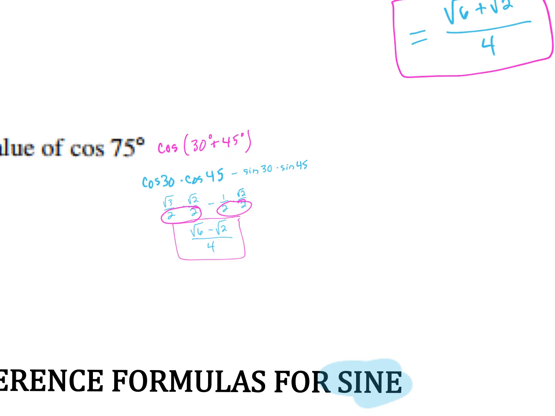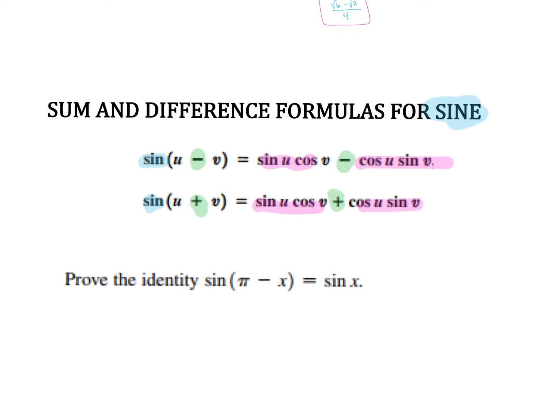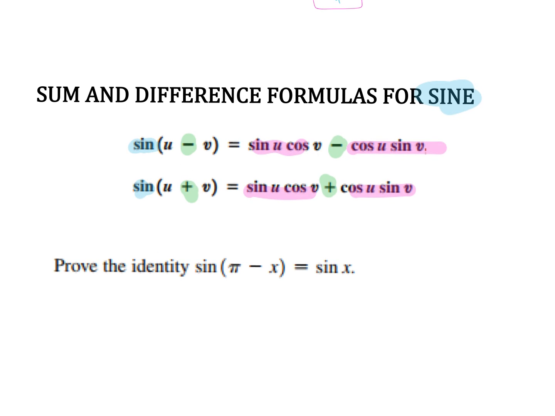All right. For sine values, I want you to look at these formulas because these formulas are a little bit different. And now you understand what I'm talking about in terms of being able to compare these. If you notice, with the sine formulas, if it's minus in between on the left-hand side, it is also minus on the right-hand side.